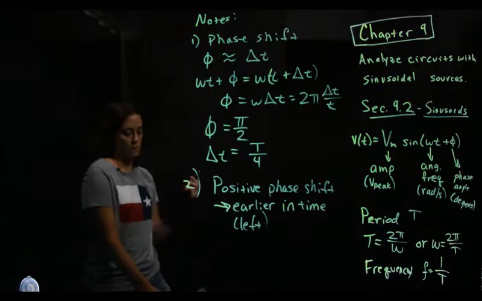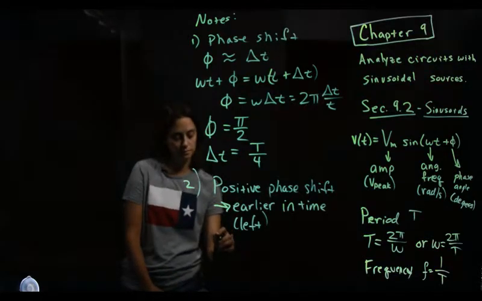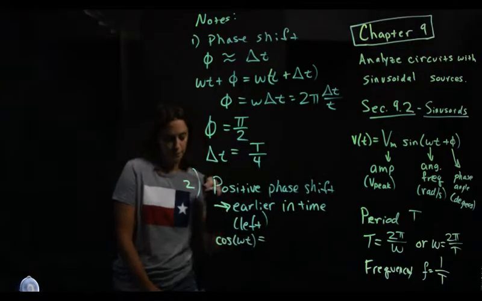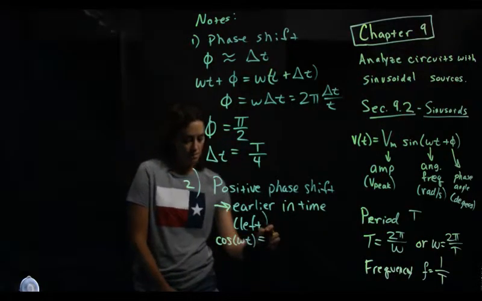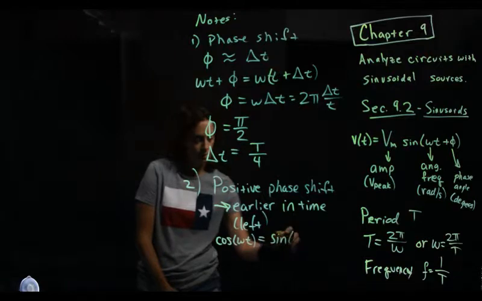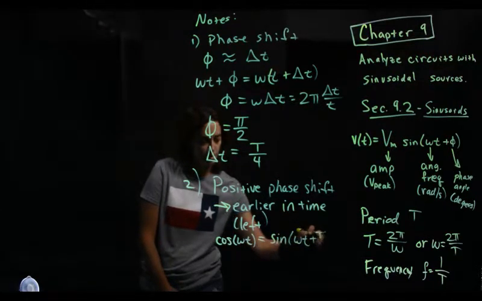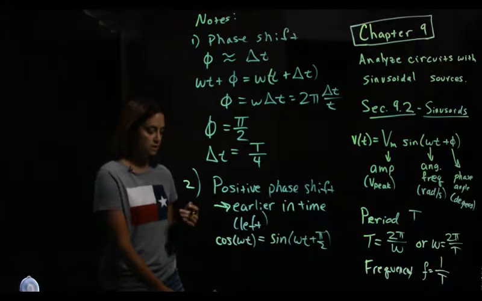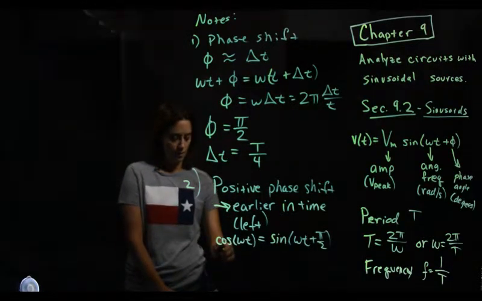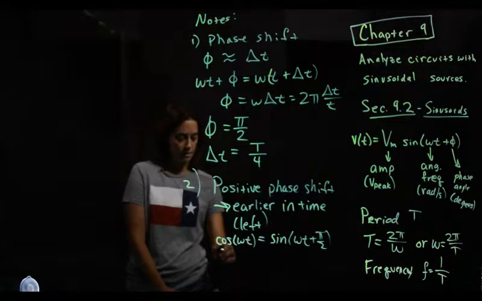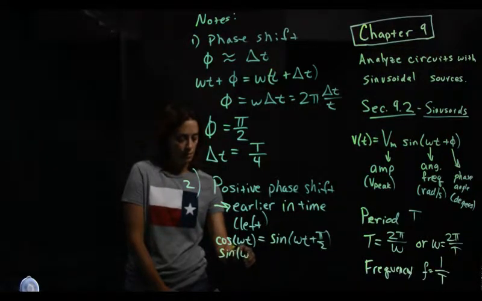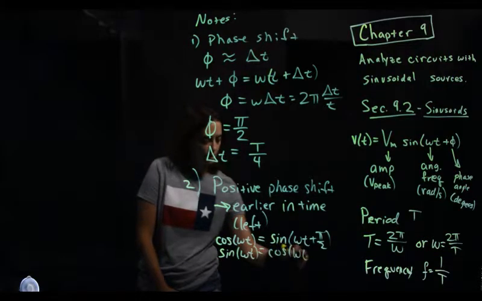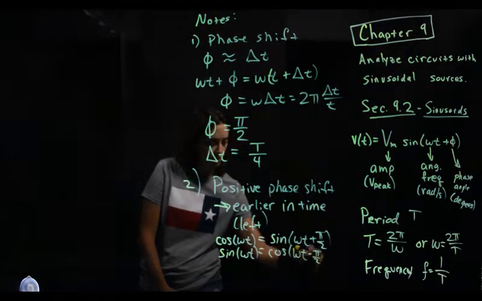So that's when we have a cosine of omega t. That's also the same thing as sine omega t plus pi over 2, right? Because they're out of phase, so sine and cosine by 90 degrees. Or we can write sine omega t is cosine omega t minus pi over 2.